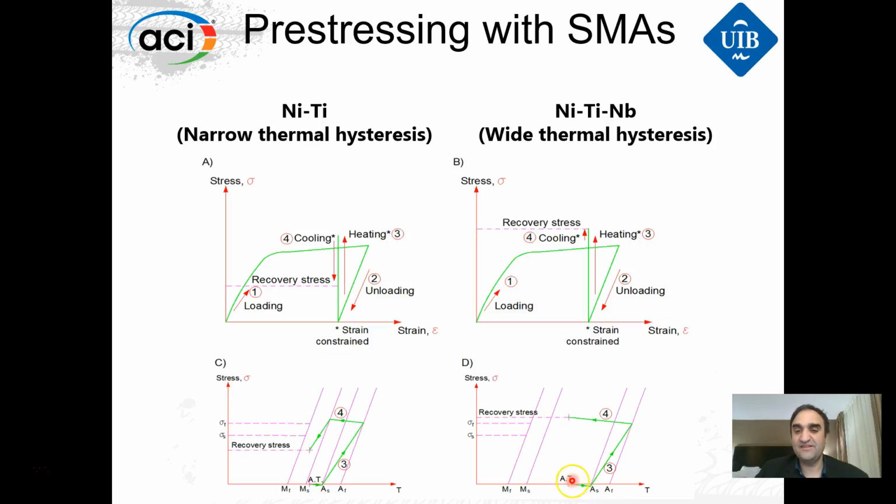Temperature, we heat it. This is the path number 3. Heating here, we arrive near, or we pass a little bit, the austenite finish temperature, and then when we cool, we have some thermal contraction, so the stresses go up until these recovery stresses.